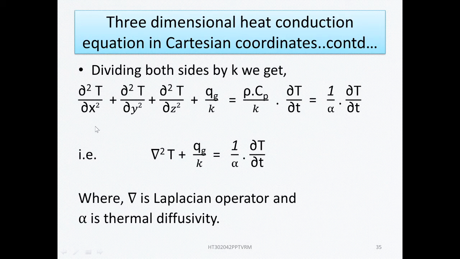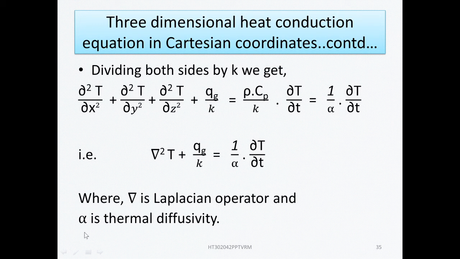Because it is in square format, we write grad square T. For these first three terms, del 2T by del x square plus del 2T by del y square plus del 2T by del z square, we replace them with the Laplacian operator. So grad 2T plus Qg by K is equal to 1 upon alpha del T by del t.